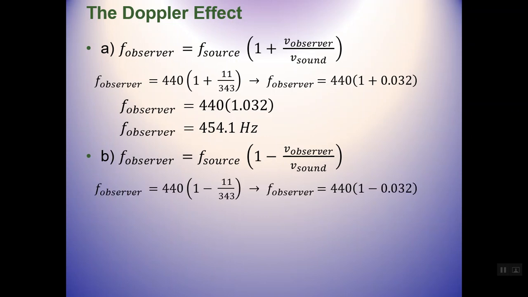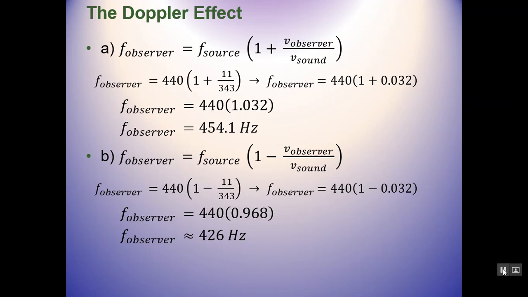Substitute your numbers: 440, this is the frequency of the source, times 1 minus 11 over 343. Then we can find the frequency of the observer is approximately 426 Hz, which is less than the frequency of the source because the observer is moving away from the source.